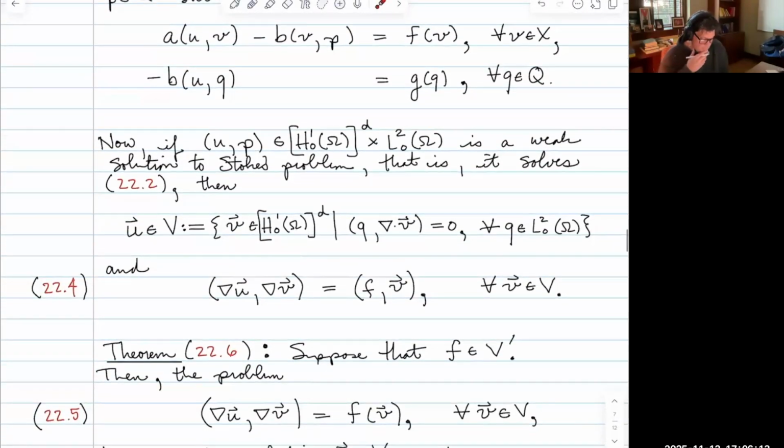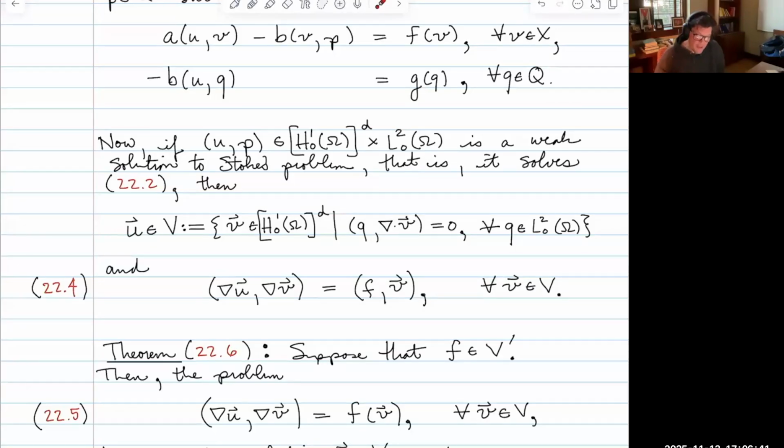Okay, so now I want to make a realization. We want to show that there's a unique weak solution to the Stokes problem, but it's not easy to do it.